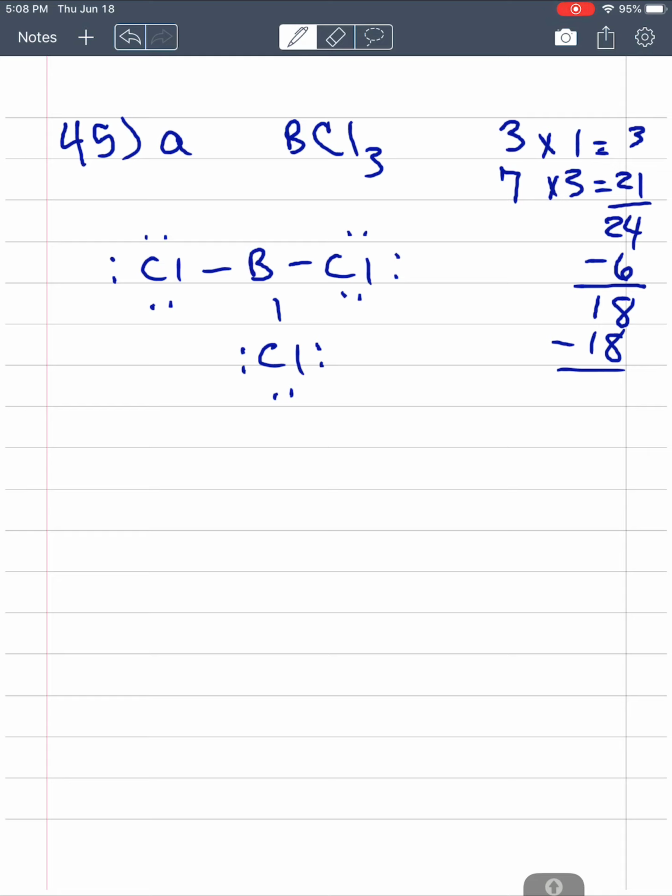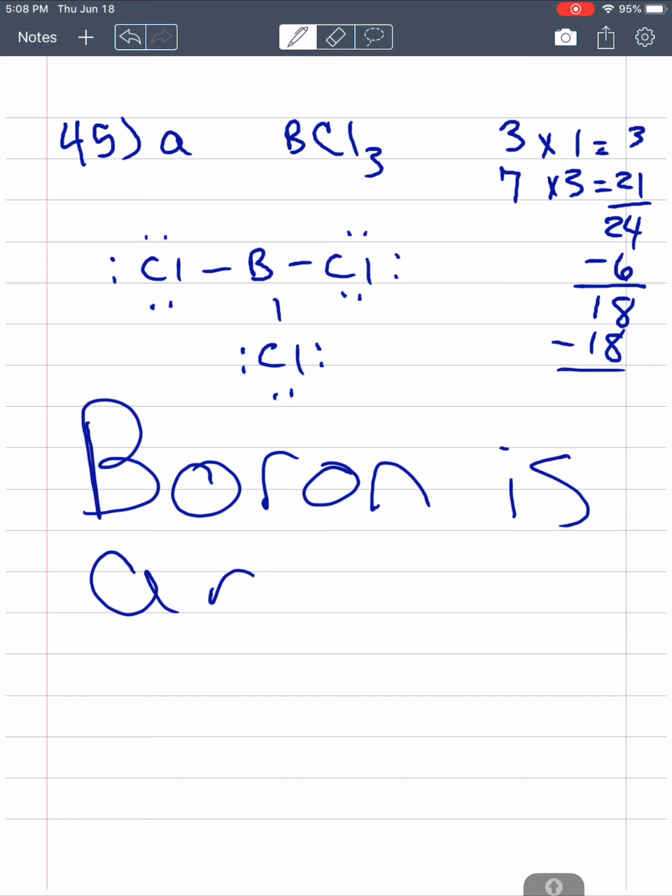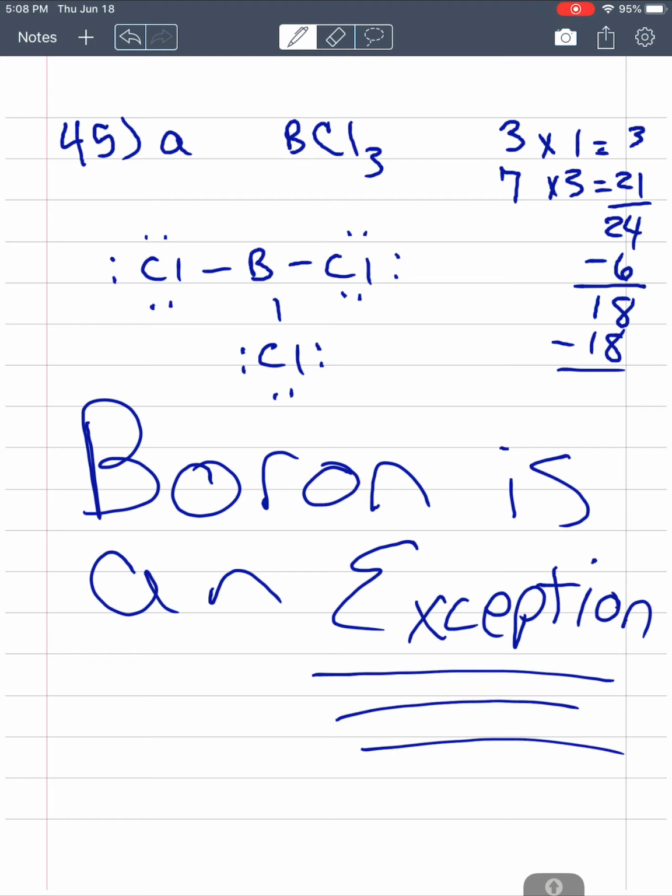But oh no, boron doesn't have an octet. Boron is an exception, so I'm not going to make a double bond. Boron is satisfied with 6 electrons.